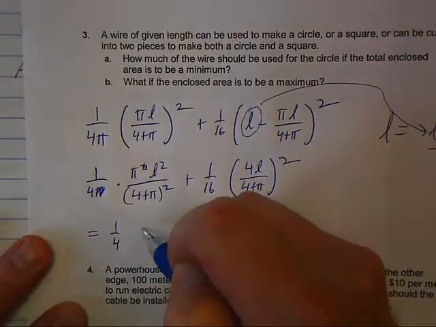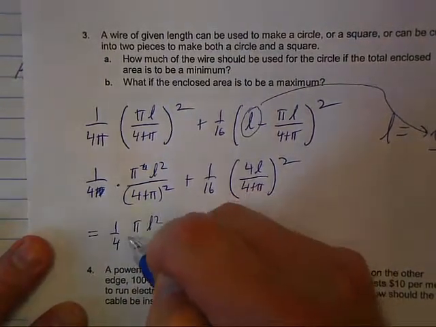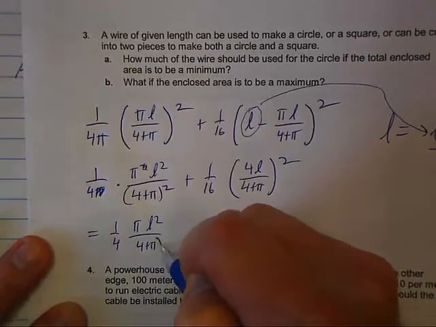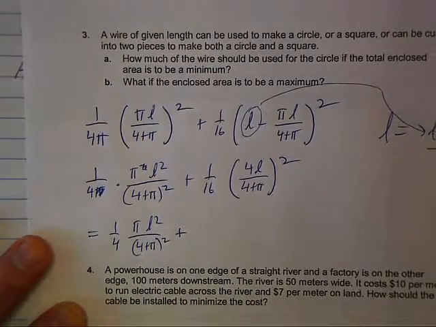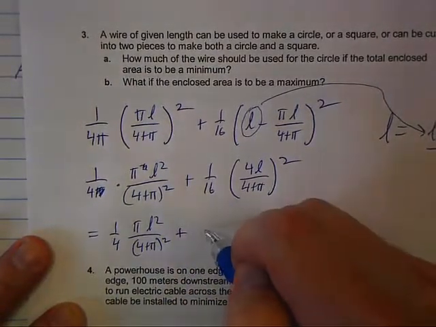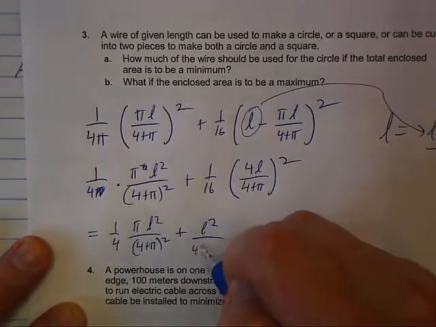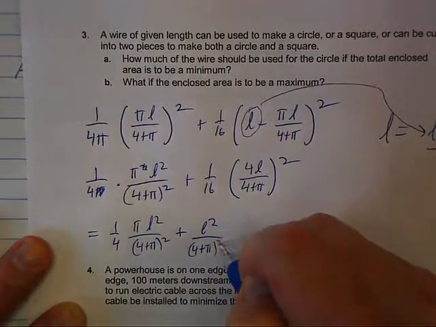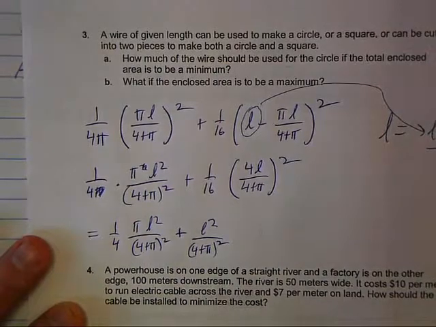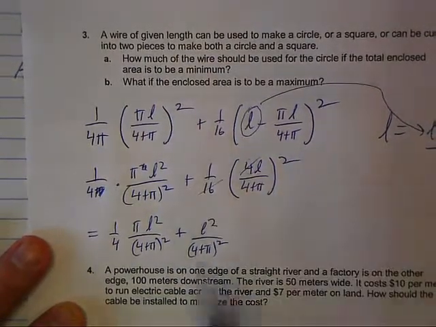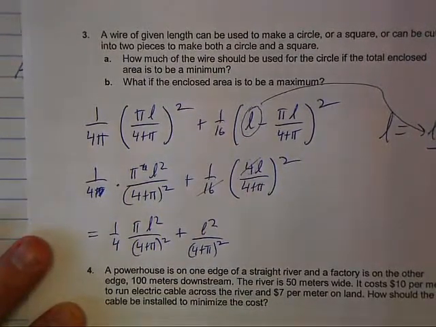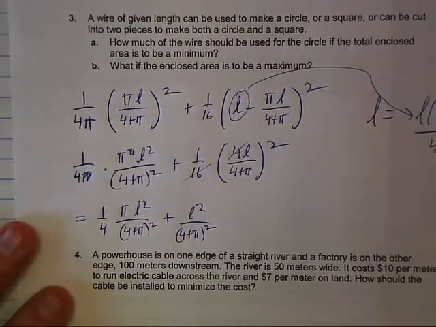That's 1 over 4 pi times L squared over 4 plus pi squared, plus L squared over 4 plus pi squared, because 4 squared is 16, so that cancels with that. Am I getting anywhere?